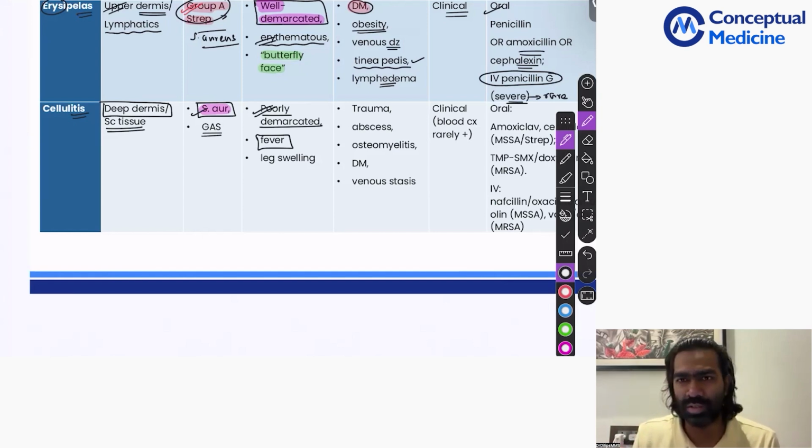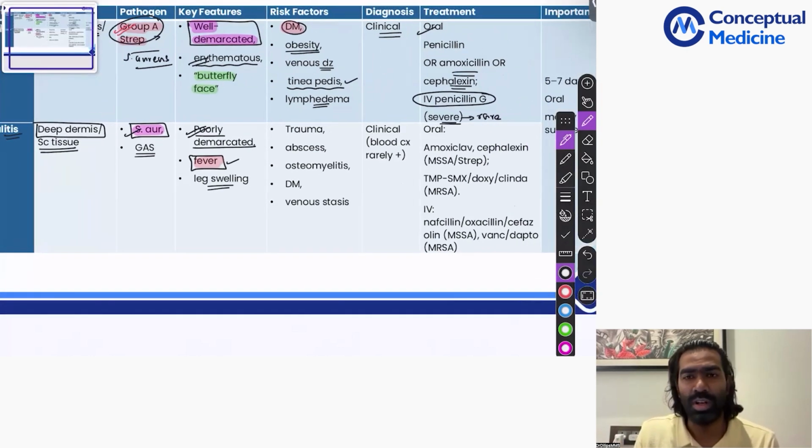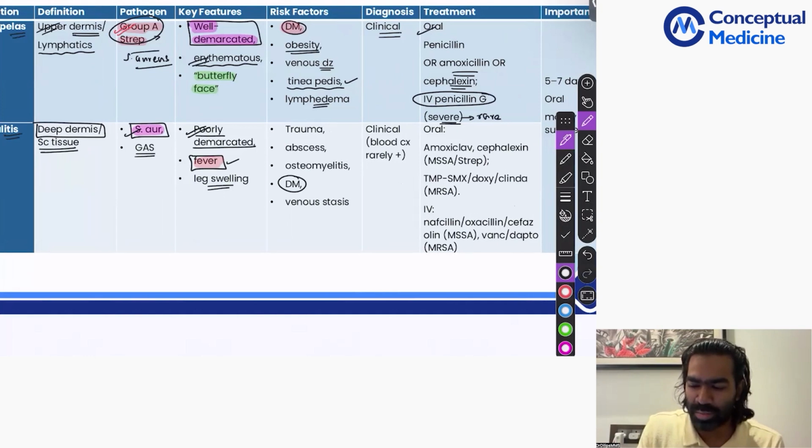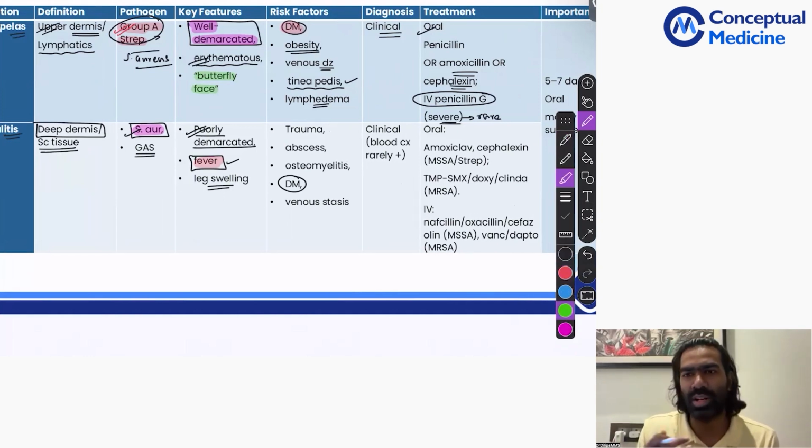There could be slight fever as well. But here, because it's a deeper and diffuse infection, patients will be suffering from spiking fever, very high-grade fever. There's going to be diffuse leg swelling as well because it's going to cause a lot of edema in that area because of inflammation. One of the most important risk factors, again, here is going to be diabetes. I would say whatever cellulitis cases that we encounter in common practice are all related to diabetes.